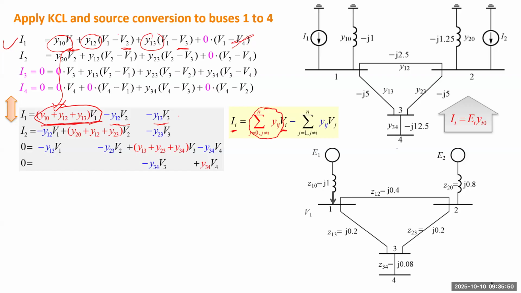The following item will be a summation of many individual products. Each product is the voltage not at this bus, like Vj, multiplied by the admittance connecting bus j to bus i.